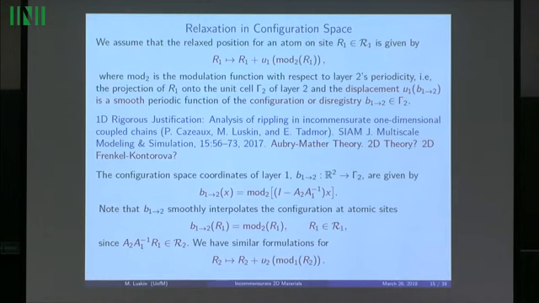So if we just interpolate it, say, take your favorite bilinear interpolant or something like that, then we can extend the disregistry to all of space. That's this formula. I'll say more about that later, but this is just interpolation.